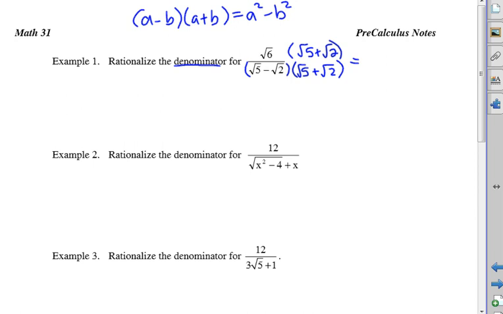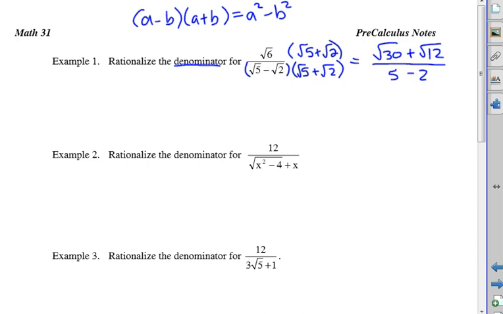Root 6 times root 5, root 30, plus root 12, all over root 5 times root 5, root 25 or 5. Negative root 2 times positive root 2, negative 2. Okay, 30, we can break that down, can't we? Or can we?